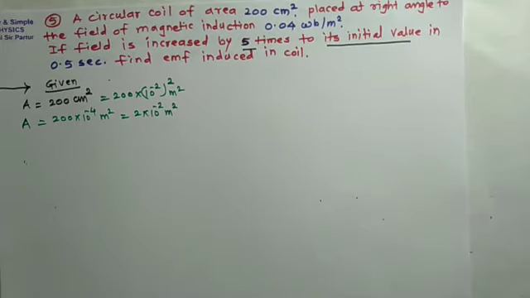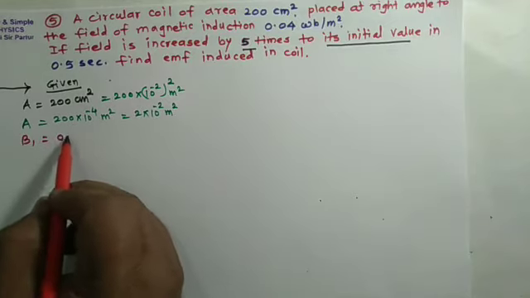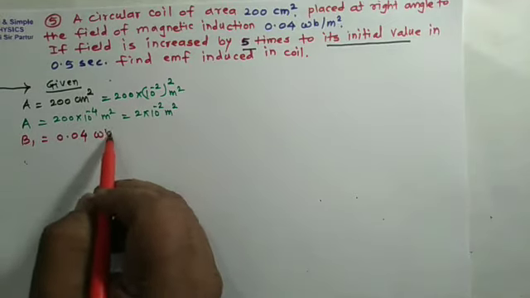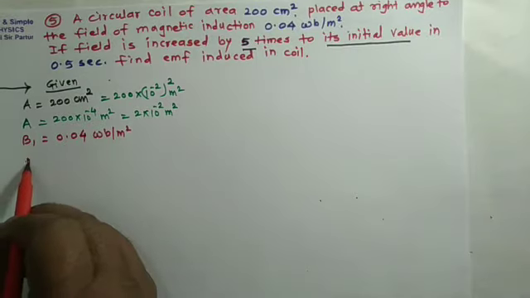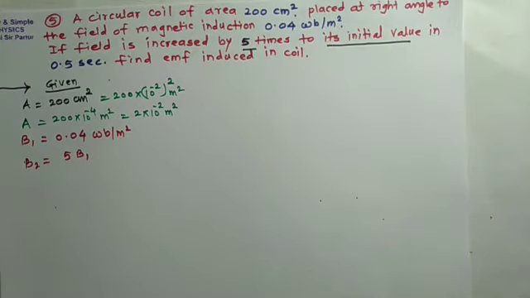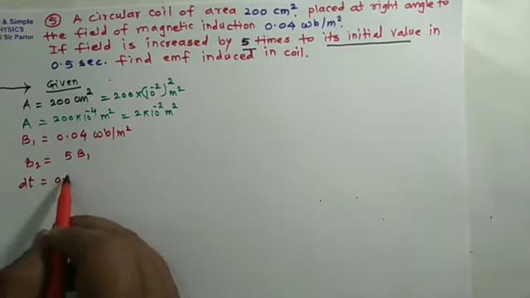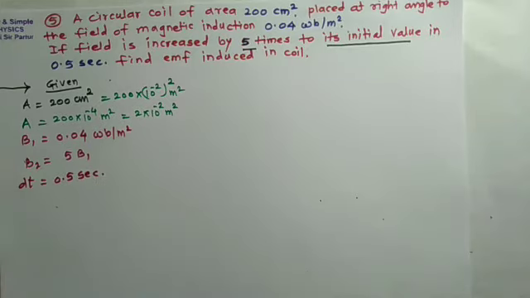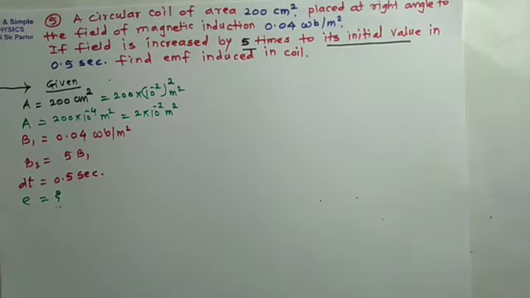Here magnetic induction B1 is given, that is 0.04 Weber per meter square, and the field is increased, meaning B2 is 5 times B1, in time dt of 0.5 second, and we have to find out the EMF E equal to question mark.